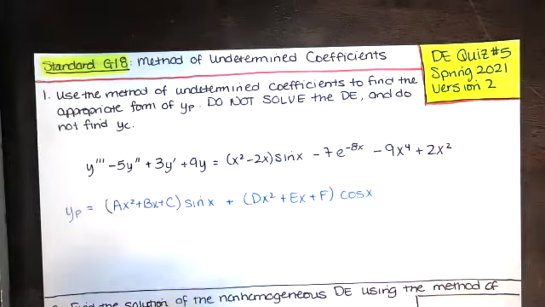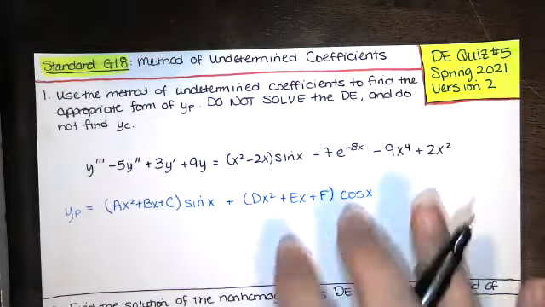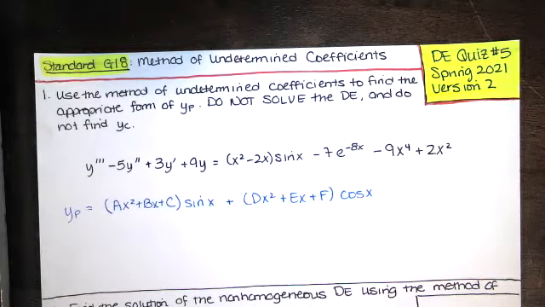If you have a sine of kx or a cosine of kx on your right-hand side, you're going to have both the sine and cosine of kx in your guess for y sub p, because derivatives of sine and cosine lead to each other.